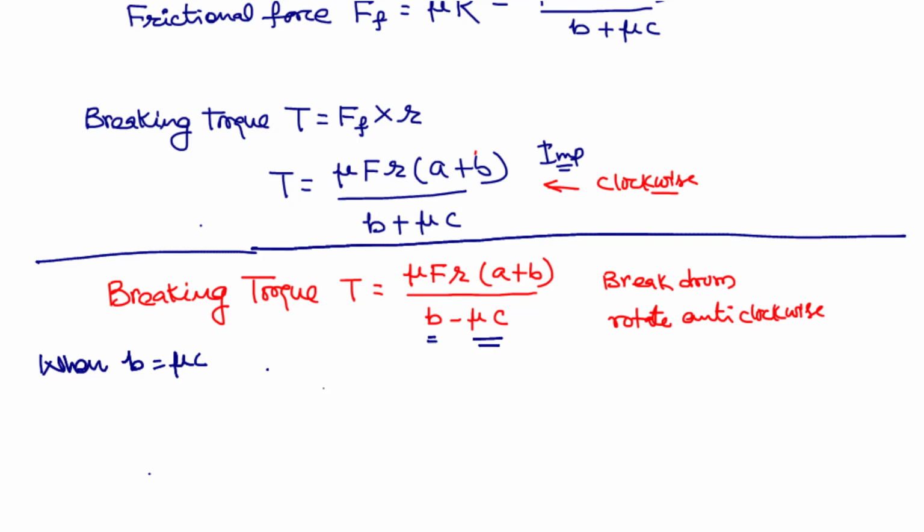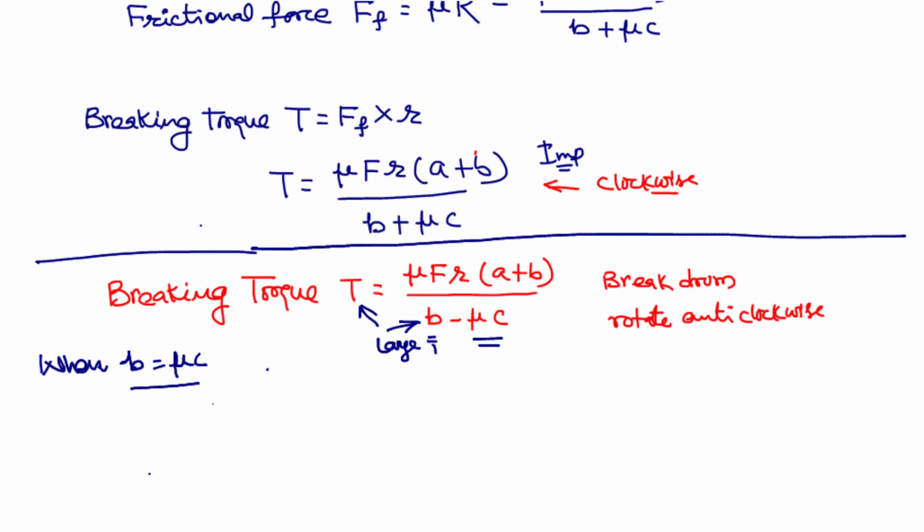Such a brake is known as a self-locking brake. Means when B equals mu C, the denominator becomes very low or approximately zero, then T becomes very high.